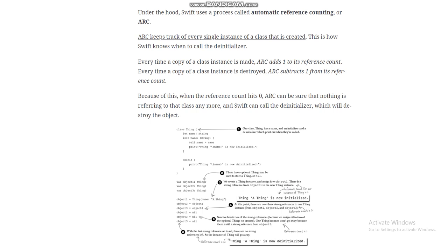Every time a copy of a class instance is made, the reference count adds one. Every time a copy of that instance is destroyed, it subtracts one from the reference count, right? When the reference counter hits zero, automatic reference counting makes sure that nothing is there, and of course it's empty.